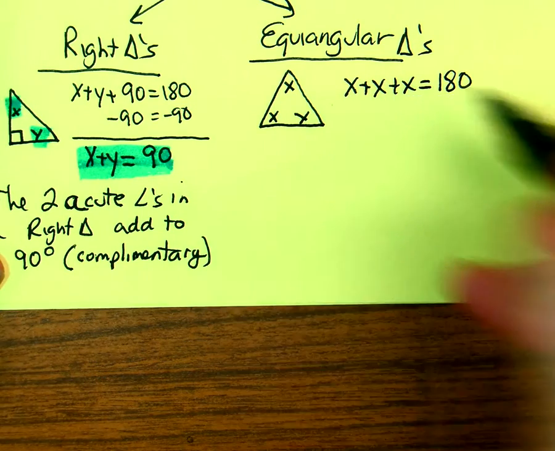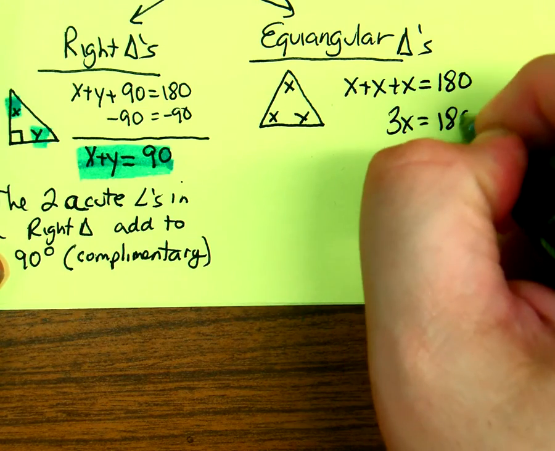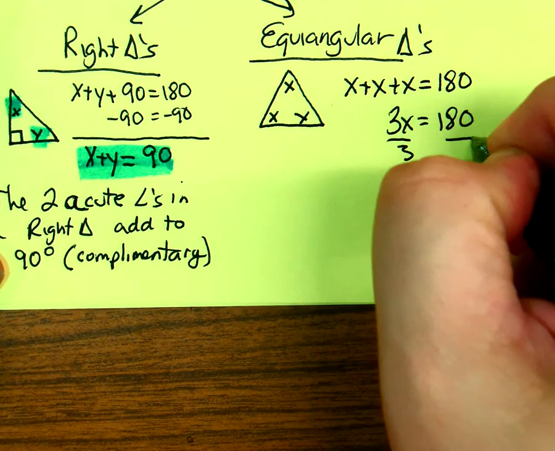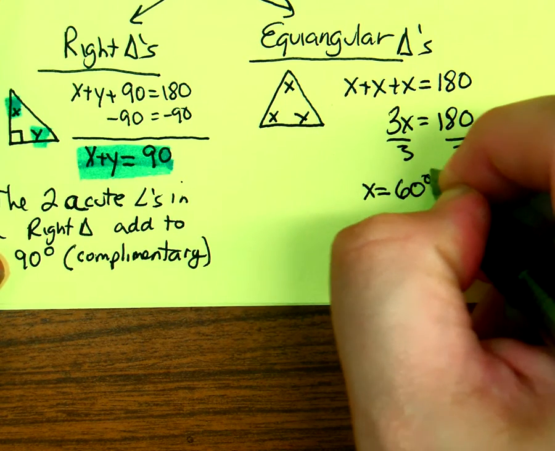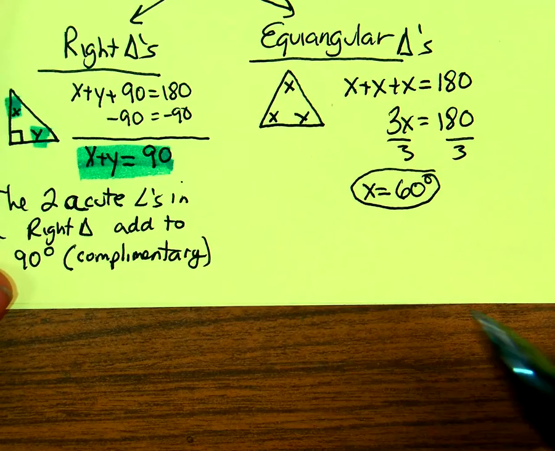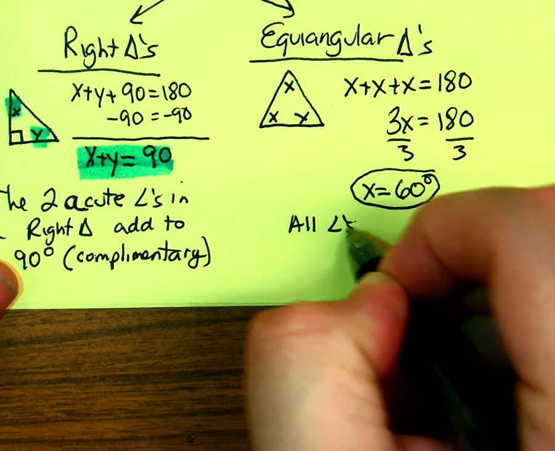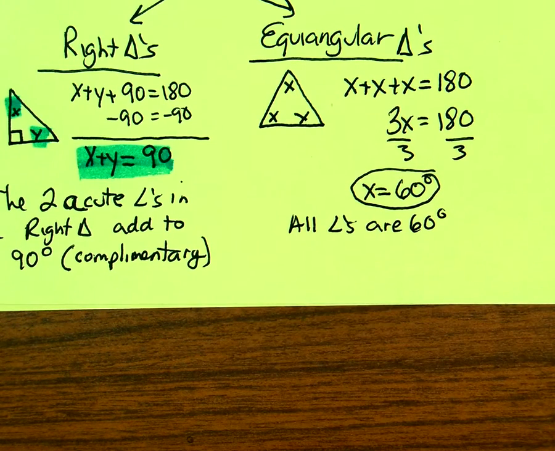So we got 3x is equal to 180. Divide by 3, divide by 3. What's x equal to? 60. So in equiangular triangles, all angles are 60 degrees. You need to know that.